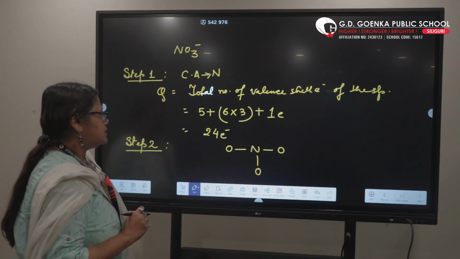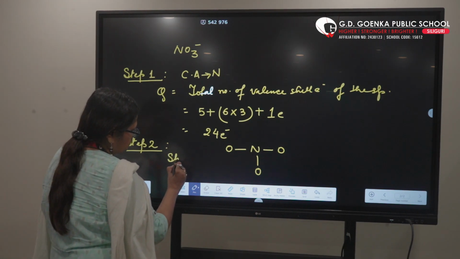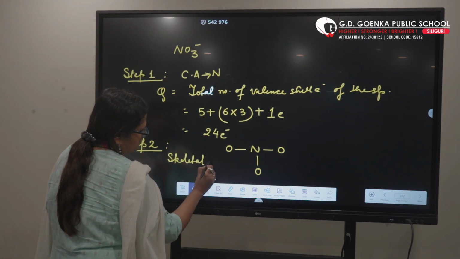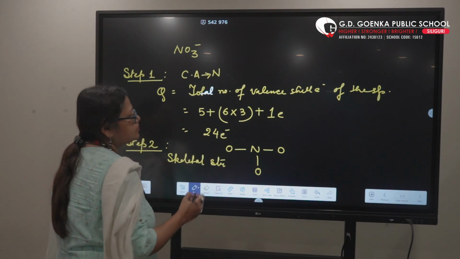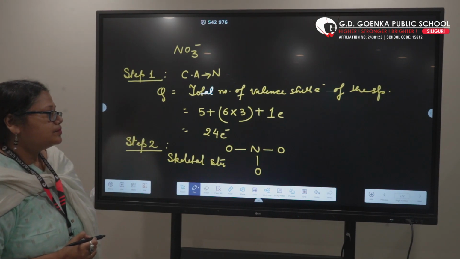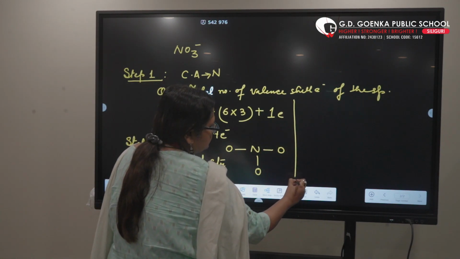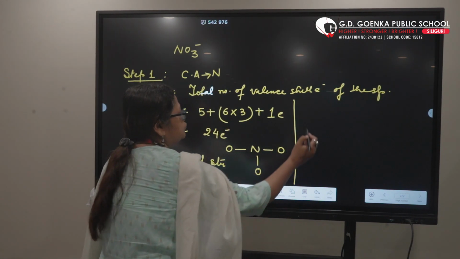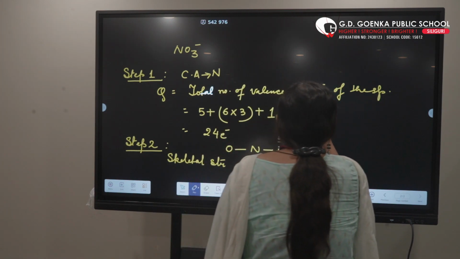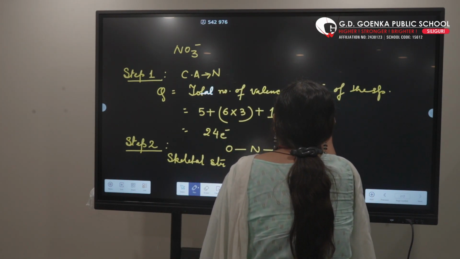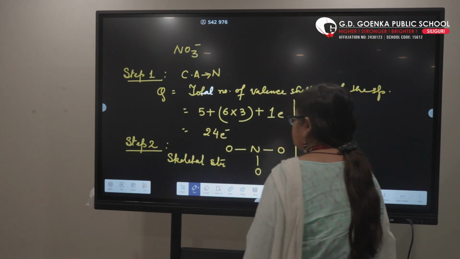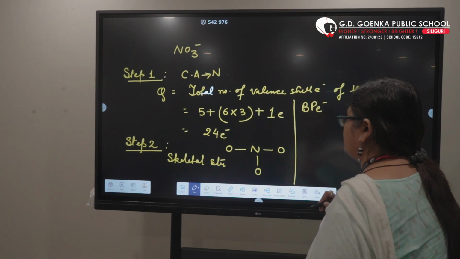This is our skeletal structure. Next, third step, we have to calculate what? Bond pair of electrons, right? From the skeletal structure, we have to calculate the bond pair of electrons.